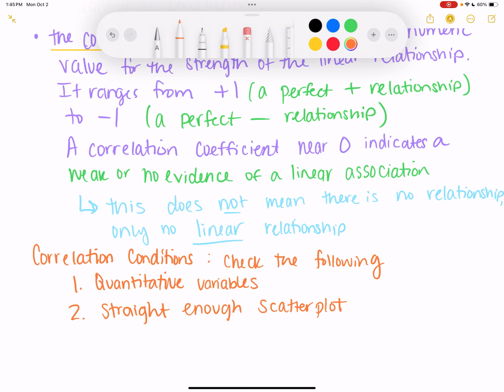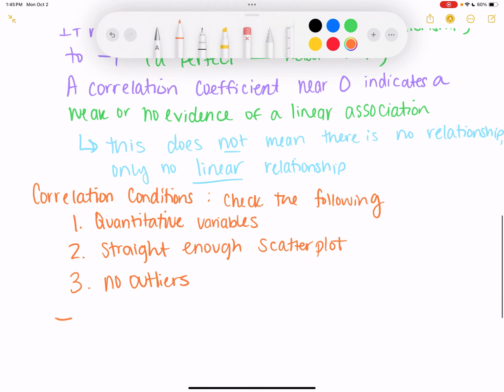And that just means that the dots kind of need to generally be in like a line, not like a curve or something crazy. And 3 is no outliers. So typically that just means removing the outlier point if there is one. Now, something to note, these are all checked by examining the scatter plot.